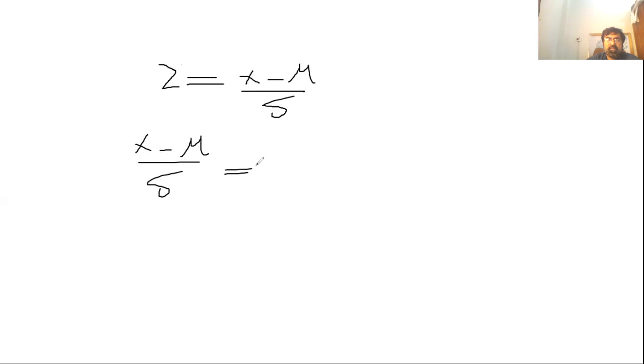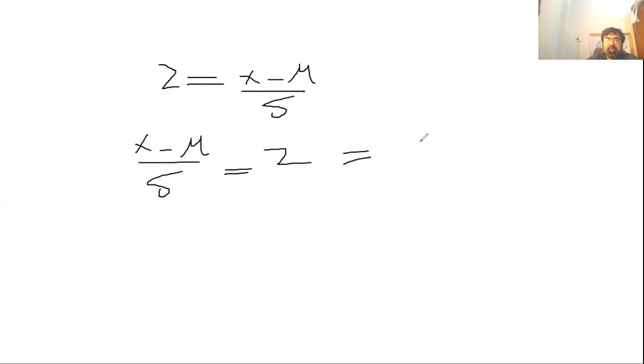z is equal to x minus mu over sigma, or x minus mu over sigma is equal to z.